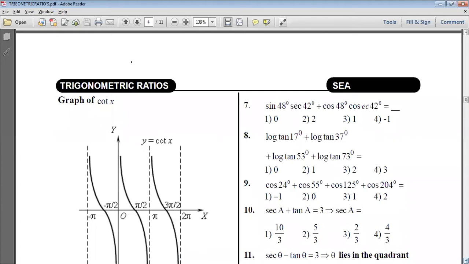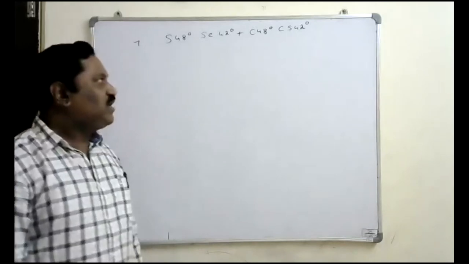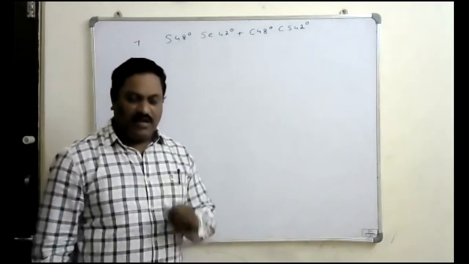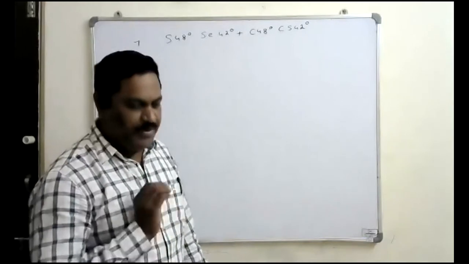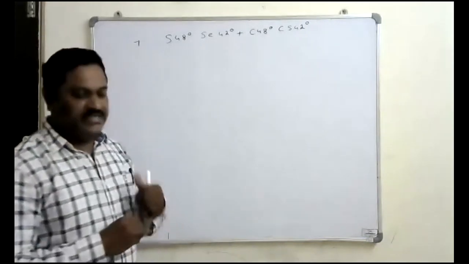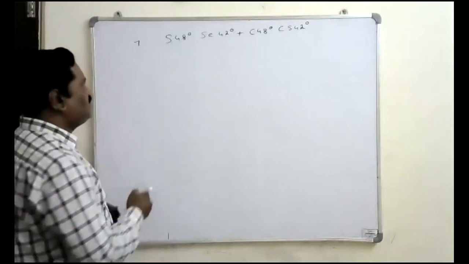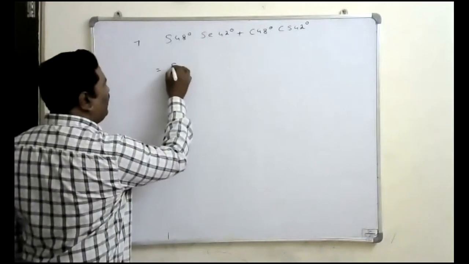Okay, so to find this, because here all the angles are unknown angles, whenever unknown angles are given, you should feel happy. Why? Because automatically those unknown angles will get cancelled. So how will they get cancelled? Here sine 48 is there.